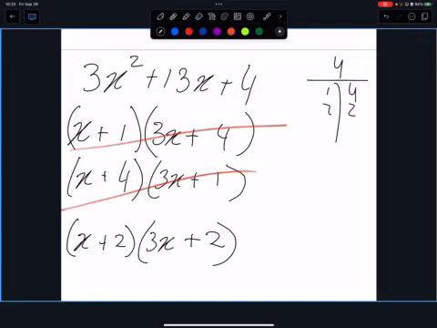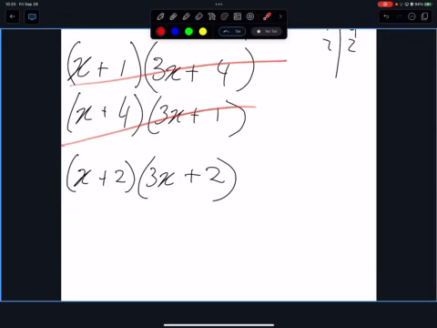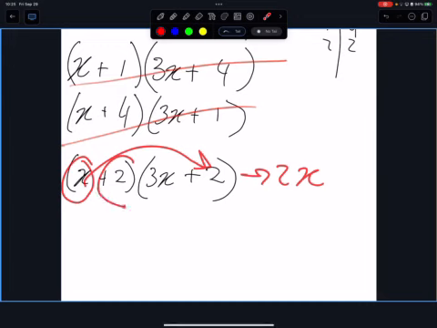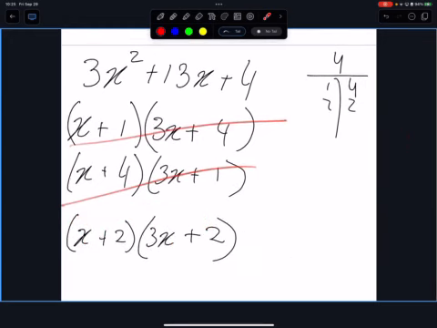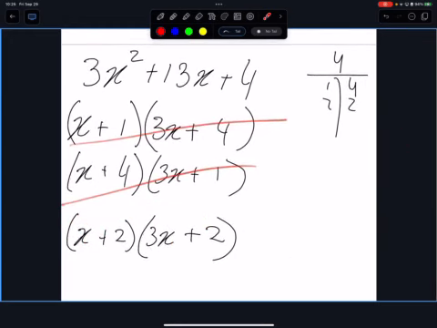But of course, you shall check to see if it's the right answer. x times 2, you have 2x. 2 times 3 equals 6x. Oh wait, did I make a mistake somewhere? Where?